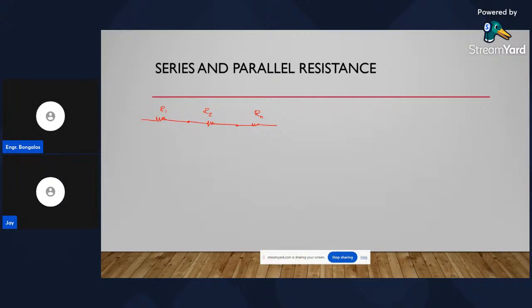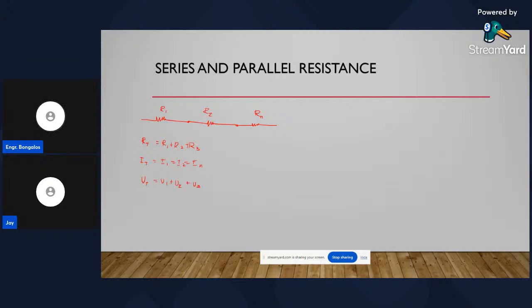'Pag series, para makuha yung total resistance, RT is equal to R1 plus R2 plus R3. Then, yung current naman dito, yung I total natin is equal to I1 equals I2, equal siya kay In. Then, yung voltage naman dito is magkakaiba. So, yung V total natin is equal to V1 plus V2 plus V3.